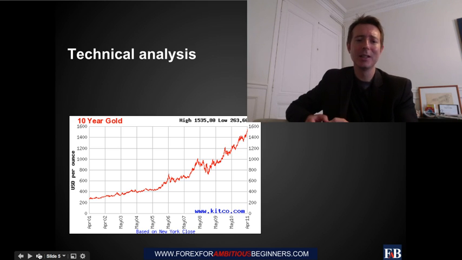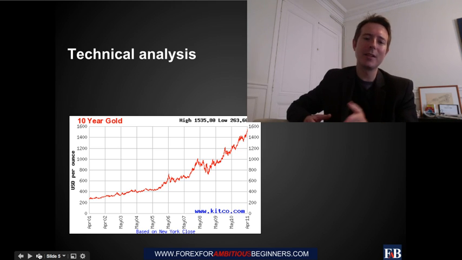As you can see, prices have moved up considerably, actually, from around $200 to $1,600 per troy ounce. Now there were consolidation periods in 2006 and between 2008 and 2009, but overall the prices have risen considerably.